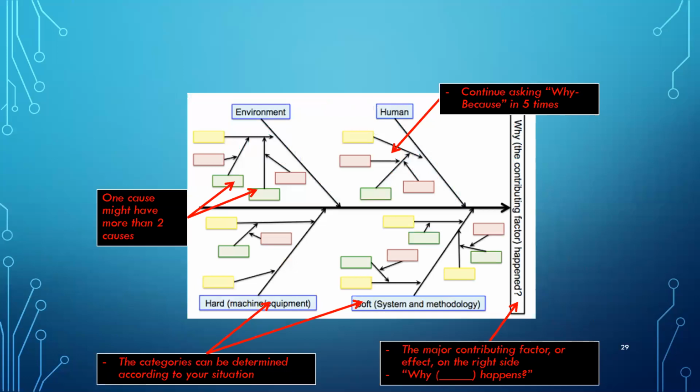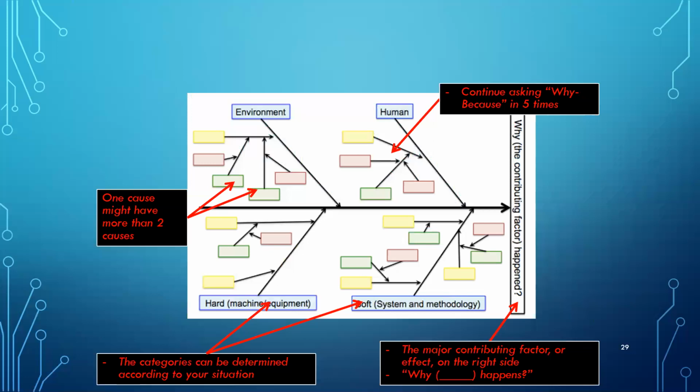Sometimes these problems that you're trying to solve are so complex that it's really the contributing factor that you want to put at the head of the fish and work from there. Other times, especially if you're new at this, you might just want to start with the big problem, A1C not in control.